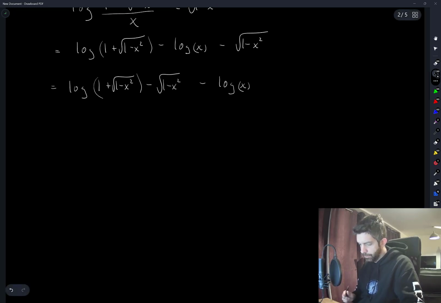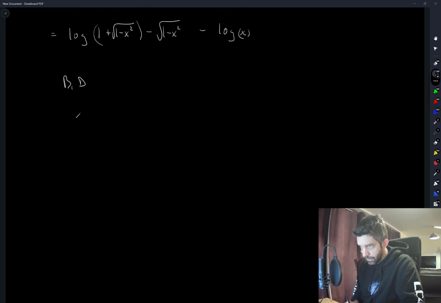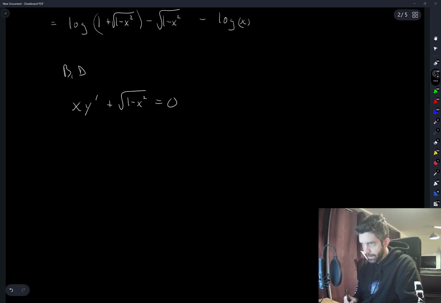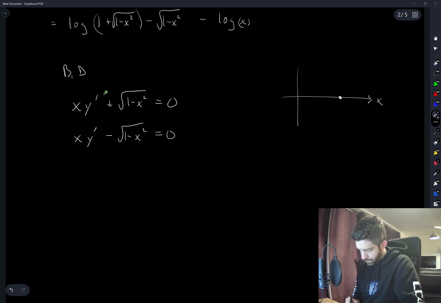And in fact, if I look at options B and D, option B is x y prime plus root 1 minus x is equal to 0. The other is x y prime minus 1 minus root x is equal to 0. If I look at my plane, call that the point 1, 0, this curve has the same derivative as that curve except multiplied by minus 1.